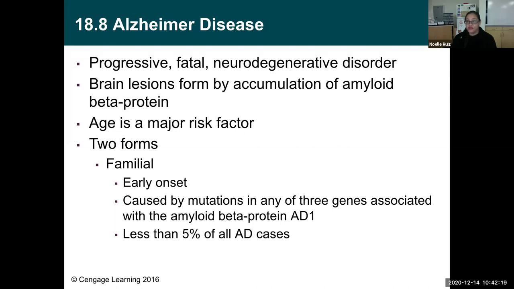A familial form, which usually has onset a little bit earlier, caused by mutations in any of three genes associated with the amyloid beta protein. But this is less than 5% of all Alzheimer's cases. So this type of Alzheimer's disease is very rare.